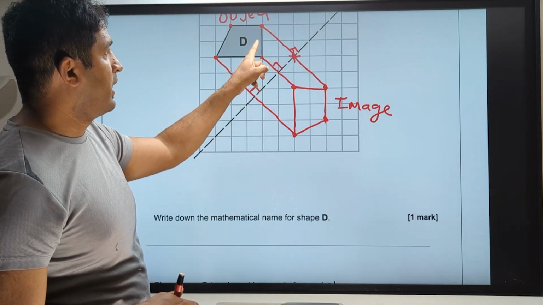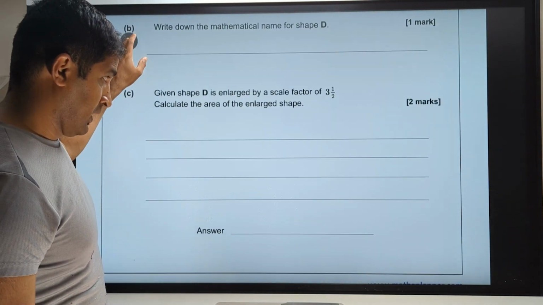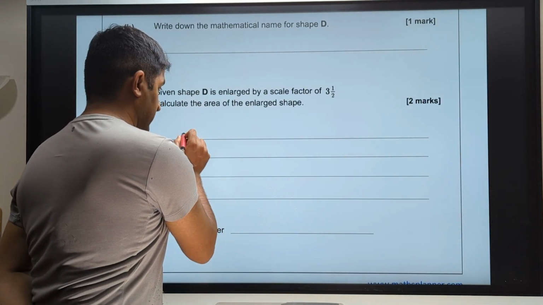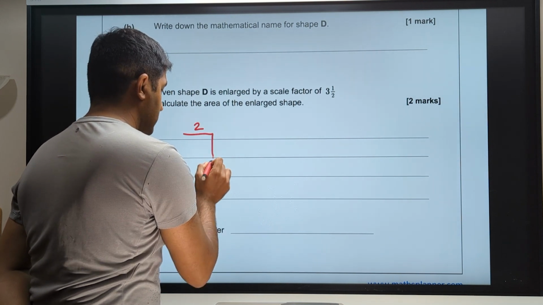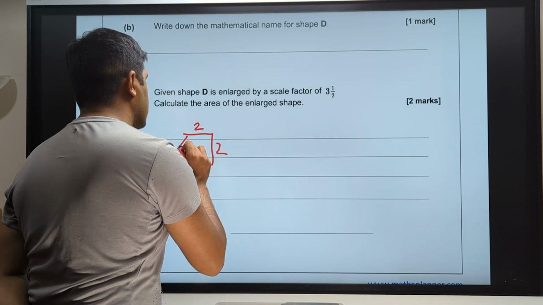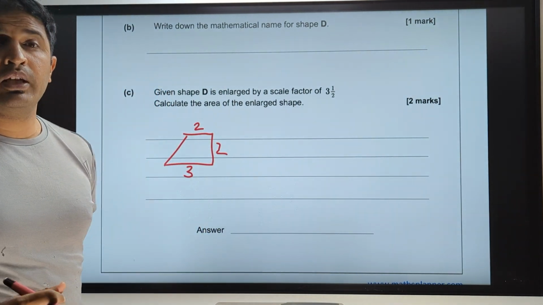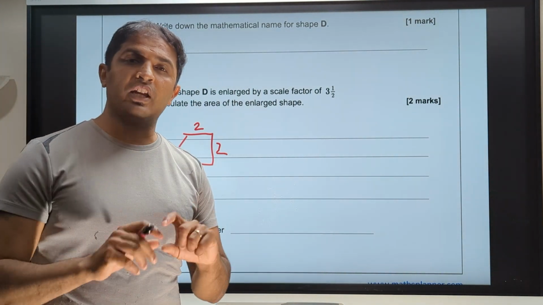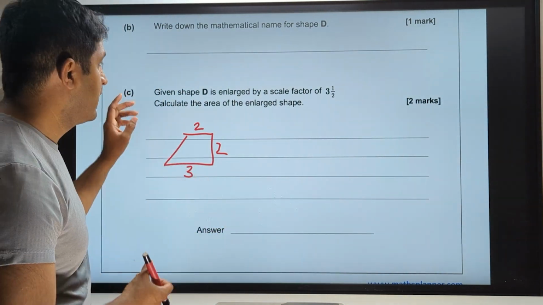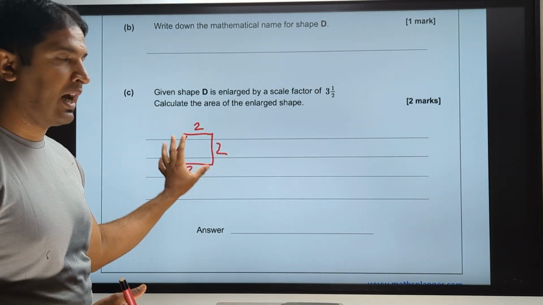So make that 2 length, and that 3 length 3.5 times bigger. Okay, so I'm going to write it down first. That was 2, that was 2, and that was 3, and that was our trapezium there. I'll tell you the formula for the trapezium because it's given to you in the formula sheets that you get generally. Okay, so we're going to make it 3.5 times bigger, the entire thing.